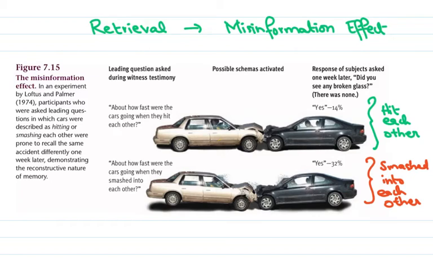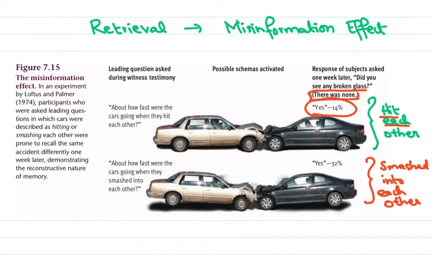But a week later, you asked these participants if they saw any broken glass, when there was actually no broken glass in the actual videos. So for the participants for whom you had described the video as the cars hit each other, only 14% of them said yes, there was broken glass, when in the actual video there was no broken glass.